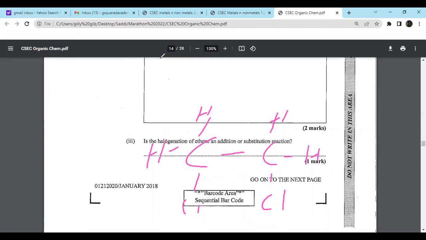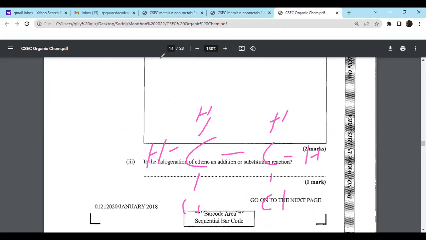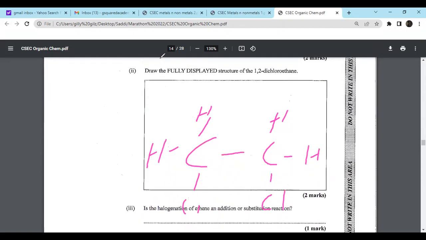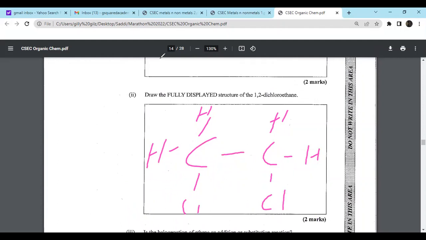It says, is the halogenation of ethene an addition or substitution reaction? In other words, this should be clear. Did you add the chlorines to the ethene, or did you replace something in the ethene? Bear in mind that this is what ethene looks like, right? Now, did you add the chlorine to it, or did you replace the hydrogens? You clearly added the chlorine.